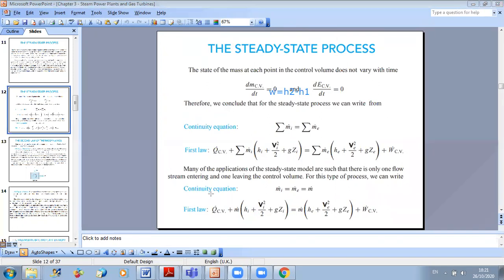This equation is telling you that Q dot, the heat exchange of the control volume with its environment, plus m dot inlet times the energy at the inlet, equals m dot times the outlet energy plus the work done by the control volume.